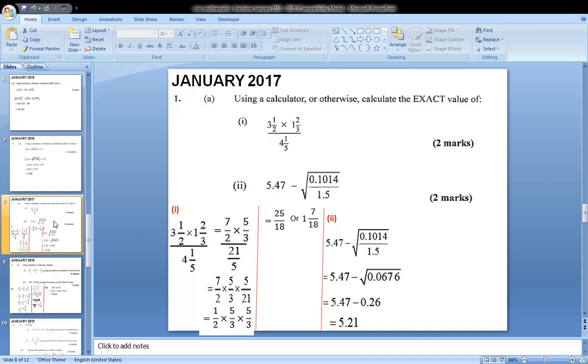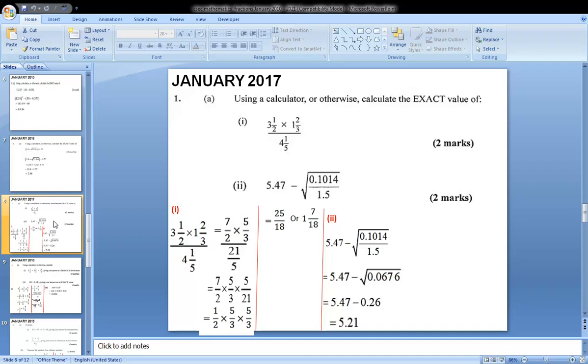It says 5.47 subtract the square root of 0.1014 divided by 1.5. 2 marks for that. So what we do, we go right ahead and divide 0.1014 by 1.5, and we got 0.0676.